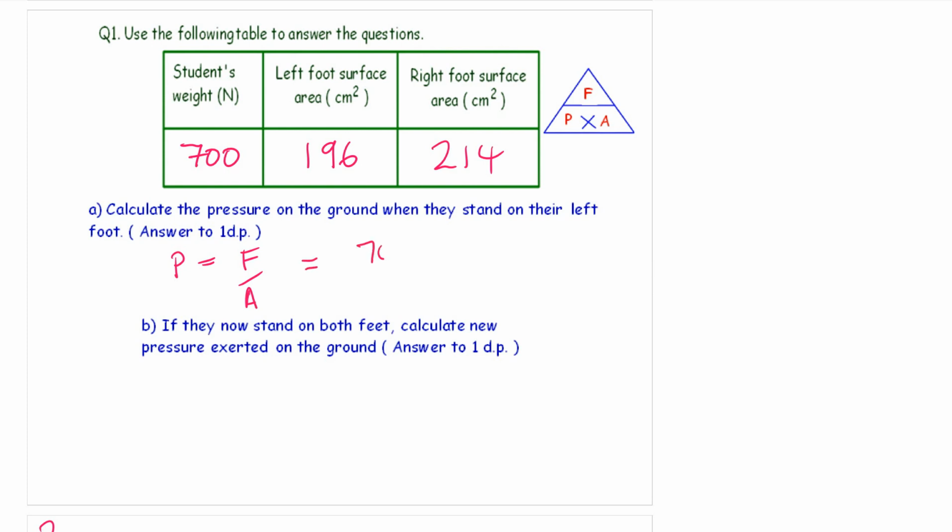The weight force is 700. They're just standing on their left foot, 196. 700 divided by 196, to 1 dp, is 3.6 newtons per centimetre squared.